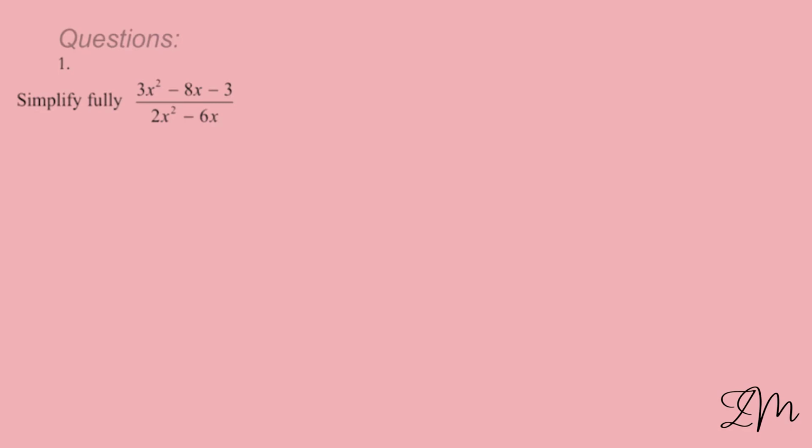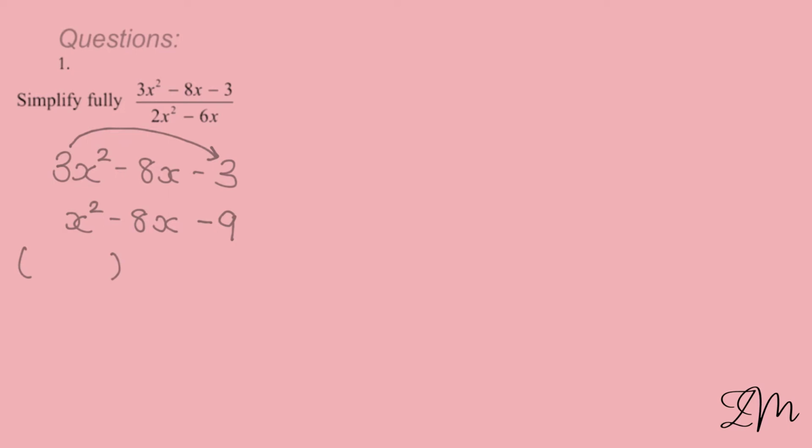So step one, we're going to factorise the top. In order to do so, do you remember what we do? Because it hasn't got a 1 in front of the x squared, it's got a number in front, we're going to multiply those two together. So we get x squared minus 8x, we're going to borrow that 3 to there.